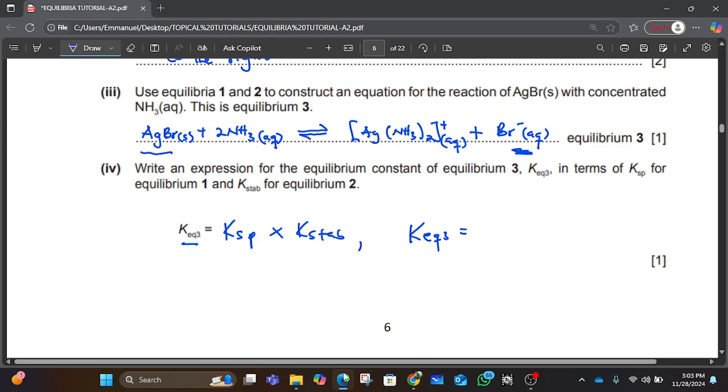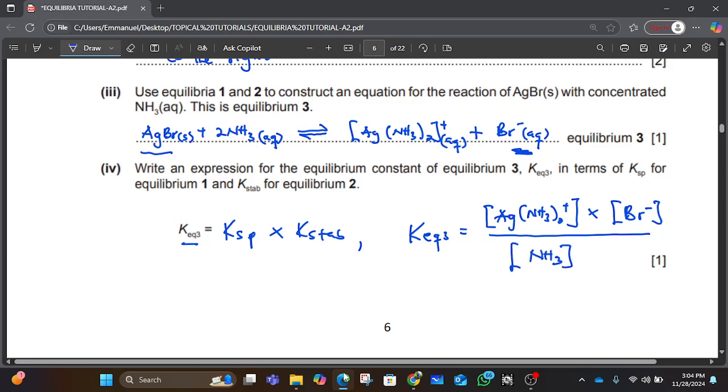So it means K3 is equal to the concentration of Ag(NH3)2 plus, this complex, times the concentration of the Br minus divided by the concentration of NH3, and so the stoichiometric amount of NH3 is 2, so this will be exponent 2.